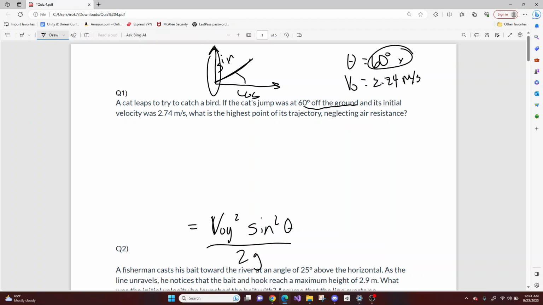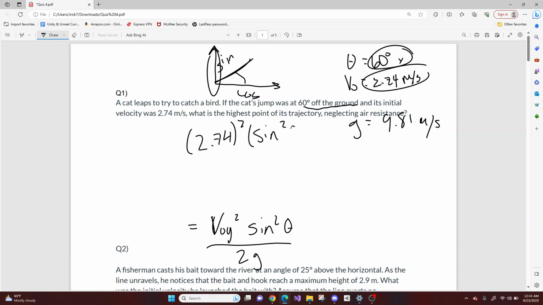We know we're using 60 for theta, 2.74 meters a second, and we also know that little g equals Earth's gravity, which is an acceleration of 9.81 meters per second squared, which we can plug in here. That gives us 2.74 squared times sine squared of 60 degrees divided by 2 times 9.81.